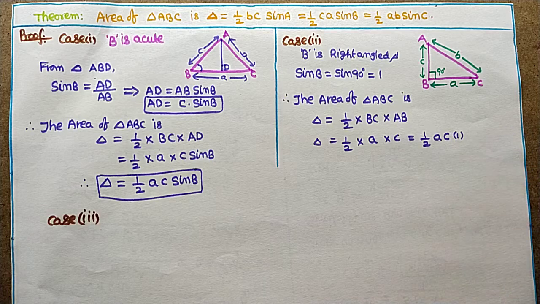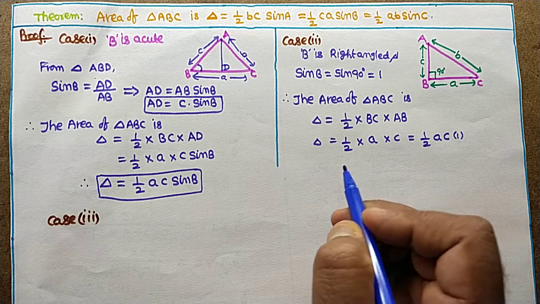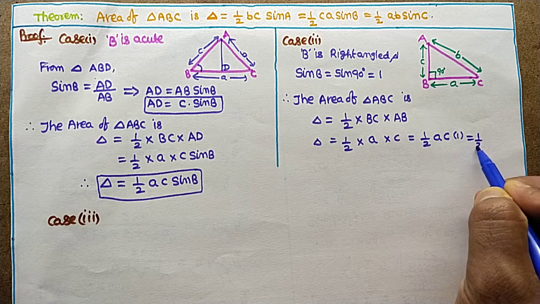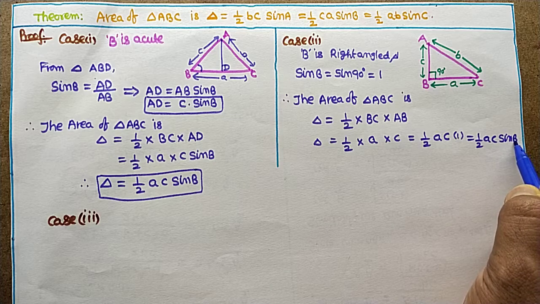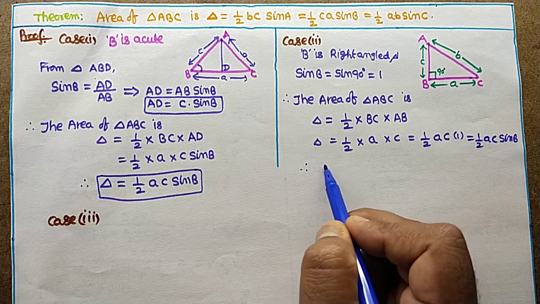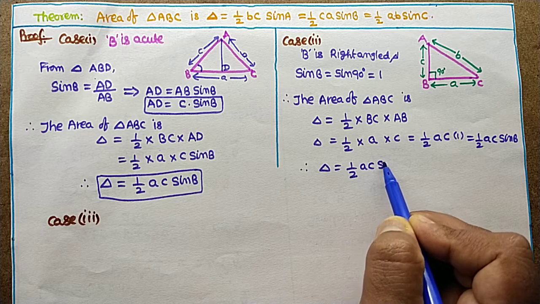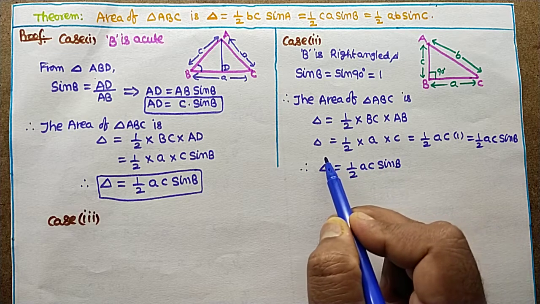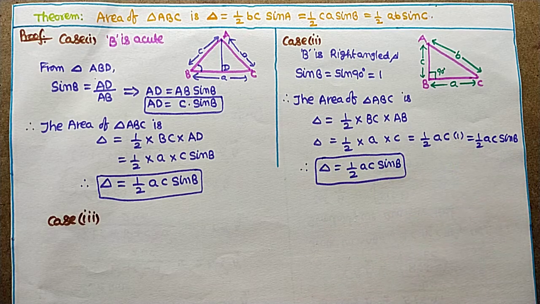Half AC into 1 is just half into AC. In place of 1, I am replacing sin B. Therefore, which is equal to half AC into sin B. Therefore, the area of triangle ABC is half into AC into sin B, which is in the second case, B is a right angle. We will go to the third case.